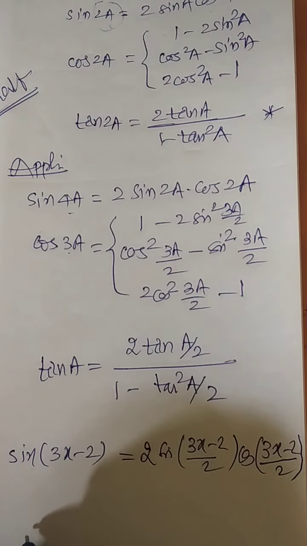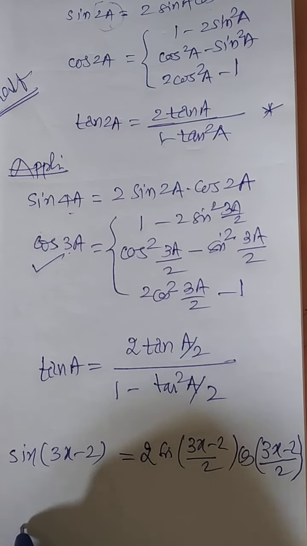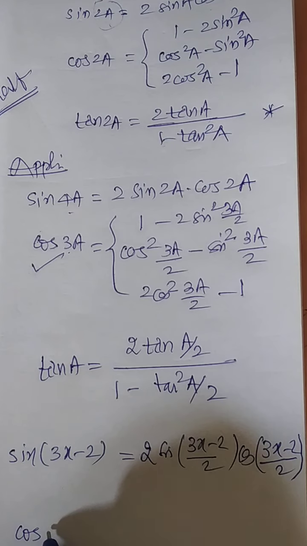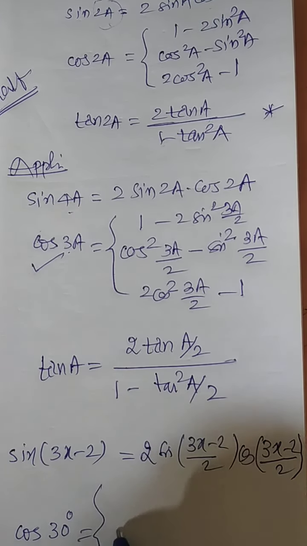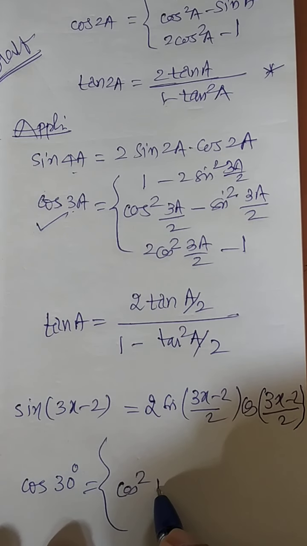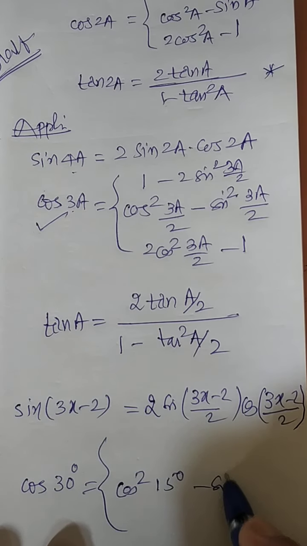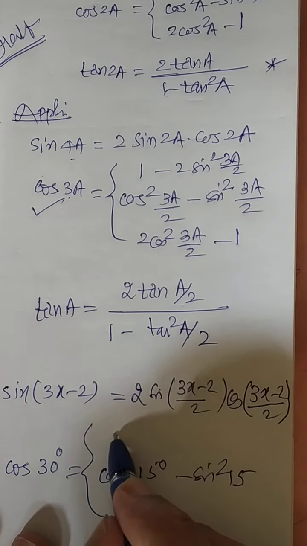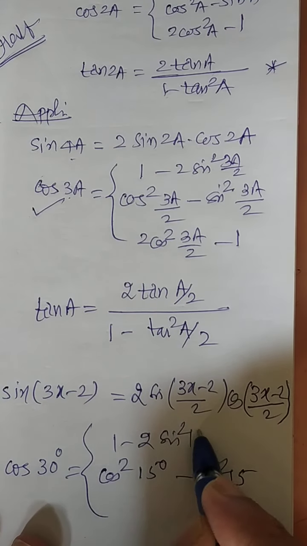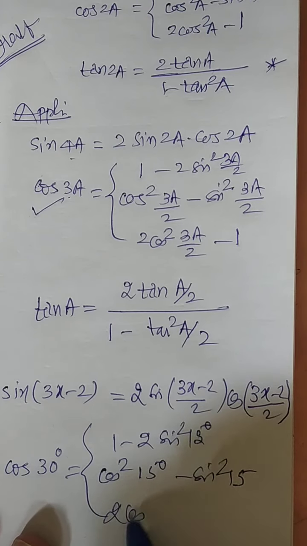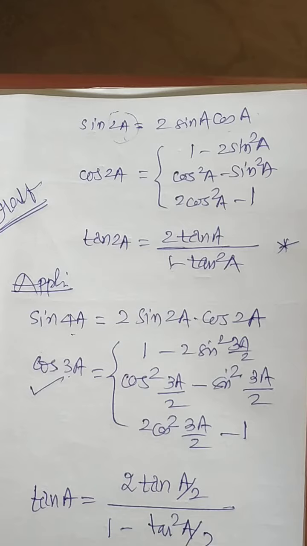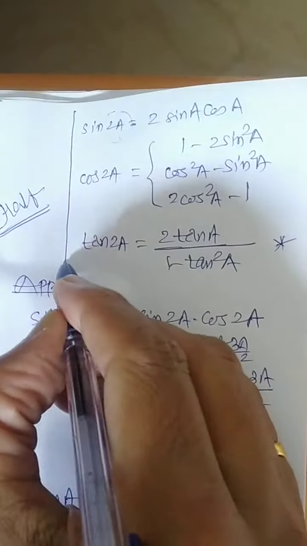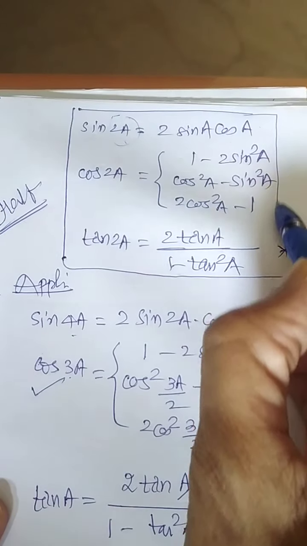Similarly, suppose you want to write cos of 30 degree, it can be written as cos square 15 degree minus sin square 15 degree, or 1 minus 2 sin square 15 degree, or 2 cos square 15 degree minus 1. So you should know this pattern also. Keep this information in mind. All these remarks which I am putting in the square bracket, you should learn properly.